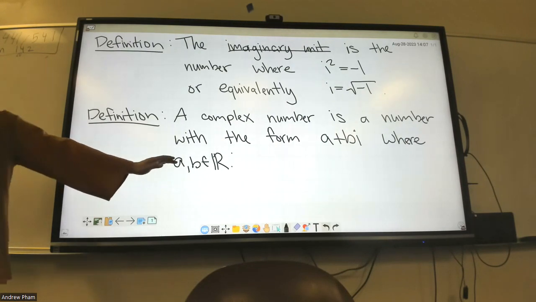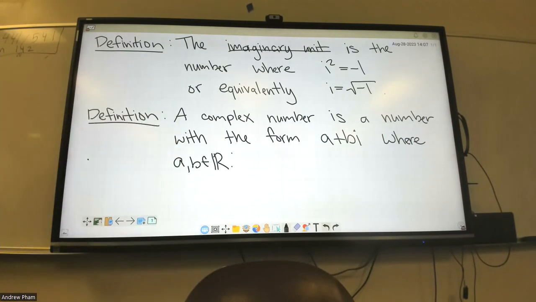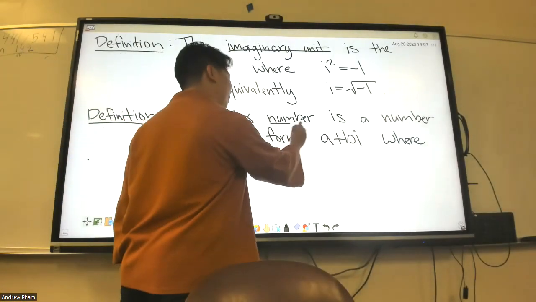Remember this little notation here, this means a and b are real numbers. It's the shorthand for it. So we have a complex number.